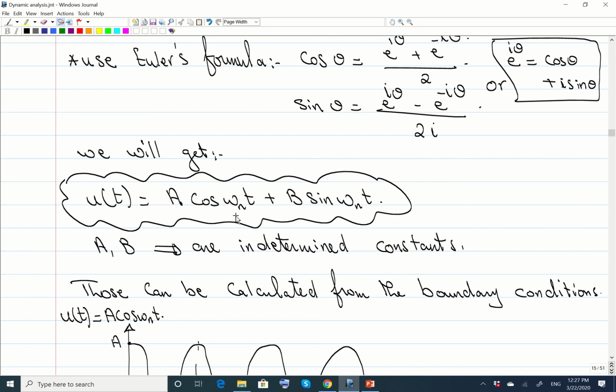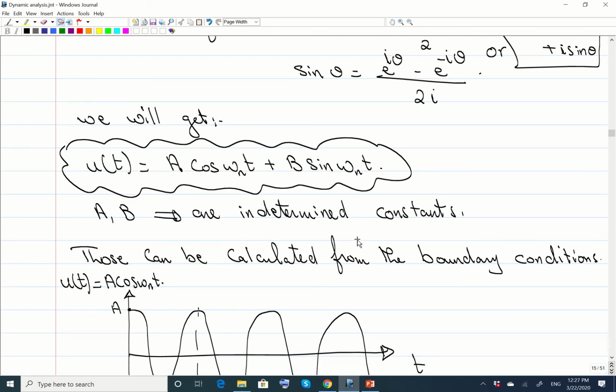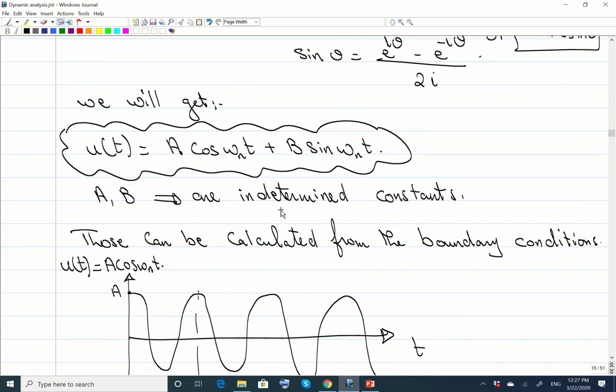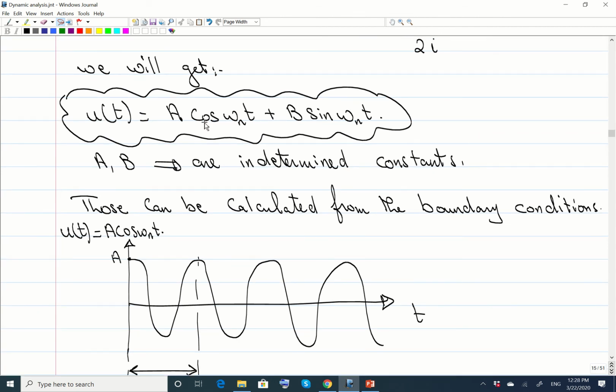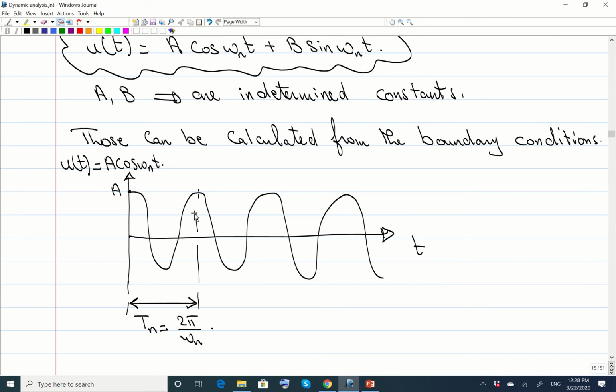What are a and b? Those are constants. How much are those constants? Until this moment, we don't know how much are those constants. They are indeterminate constants until this moment. So the solution here is a linear combination of those two solutions, a cosine omega n t and b sine omega n t. Let's plot those two.